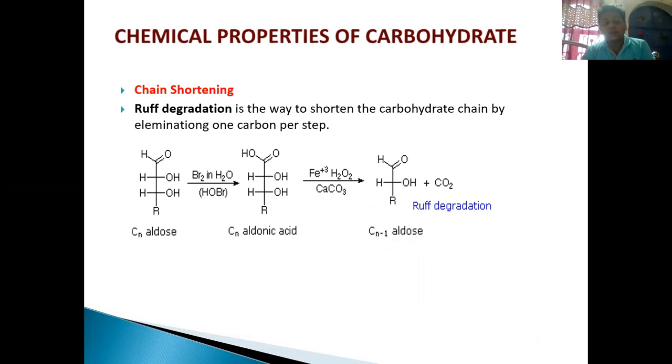Now, Ruff degradation. Basically, Ruff degradation means carbon degradation. When we consider a hexose, it has 6 carbons.